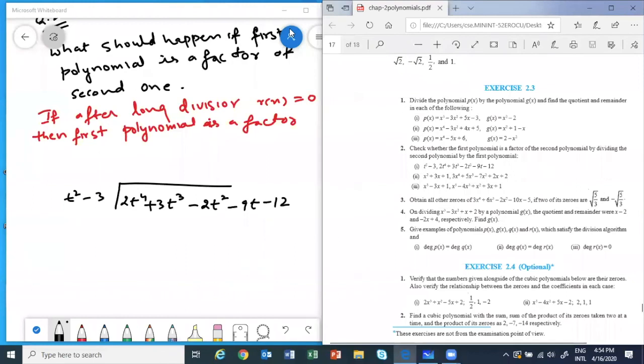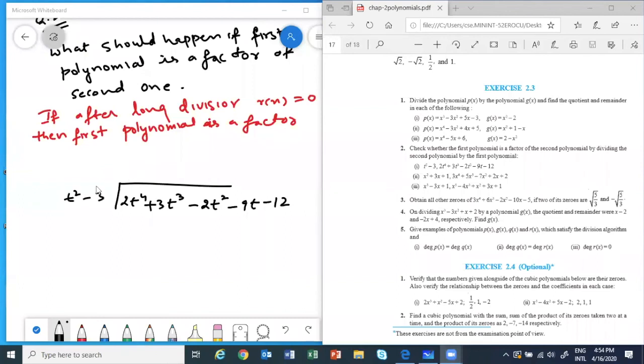All of you getting remainder 0? So if the remainder is 0, what will we say? That, yes, it is a factor. Like those who have finished, do next question. Second question, second part, do. For those who haven't done, I am doing. Okay. Those who have already finished, please do next. Second question, second part. Okay.